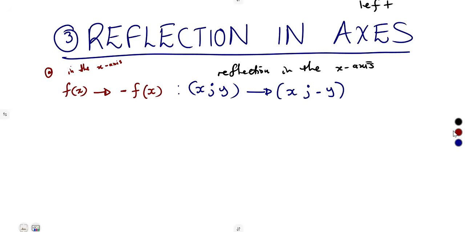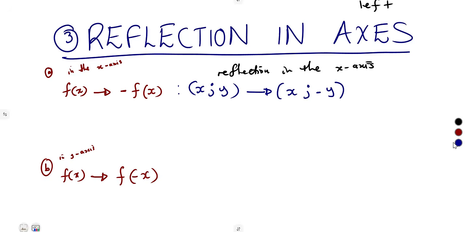This is opposed to the one for the y-axis. In the y-axis, we are going to notice our f of x this time is going to be written as f of minus x. The x value, remember, is the one that is affected.